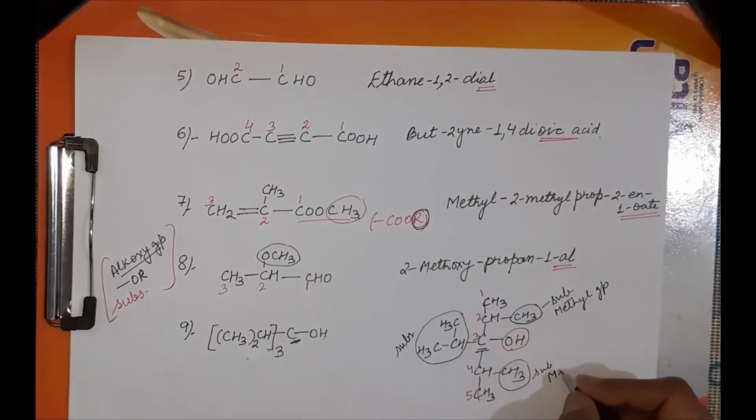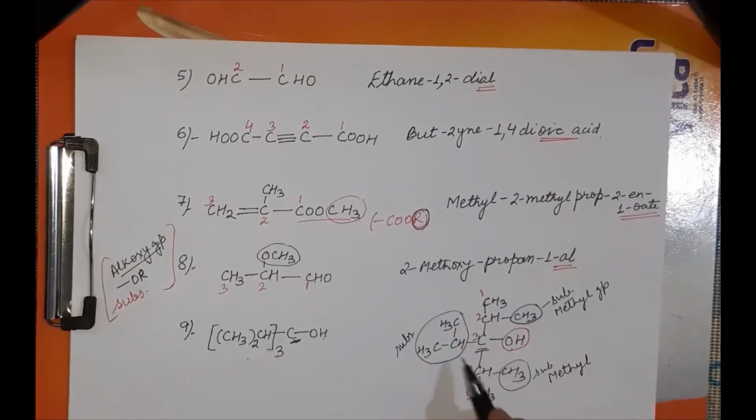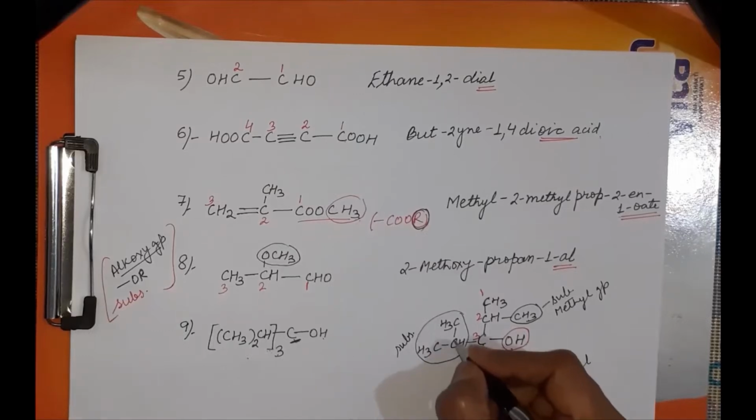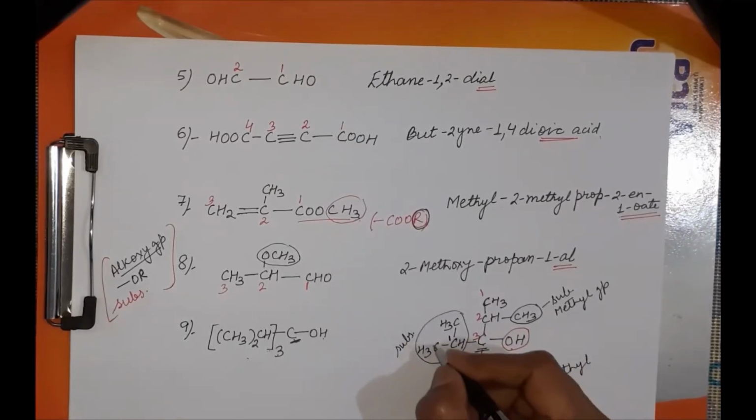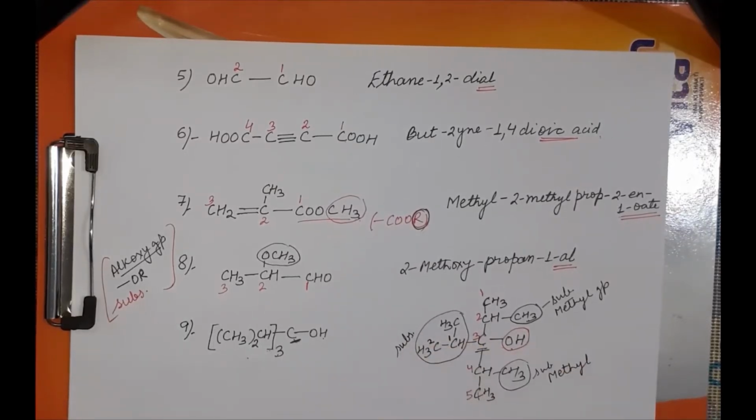This also is a methyl group. And for this branch substituent, we can see this carbon is attached to the parent carbon chain. So this we will write the number 1 and this the 2. So here we can see this is the ethyl chain having one methyl group.